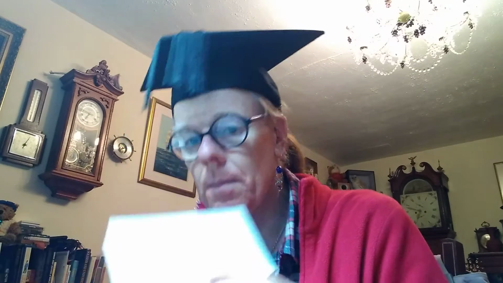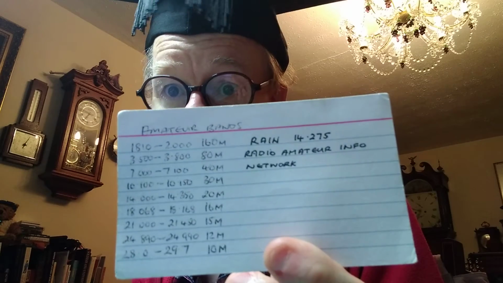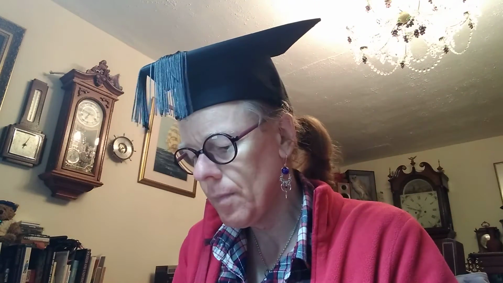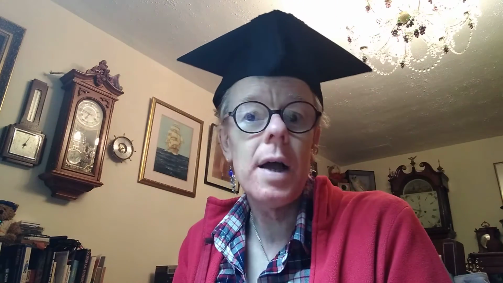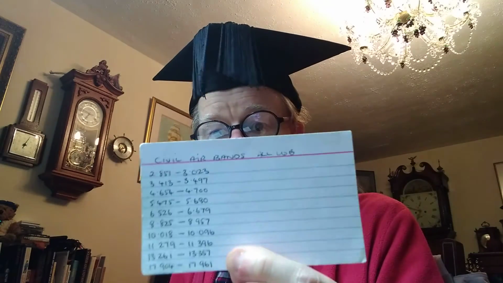And on this one, see, I've listed all the amateur bands, broadcast bands. Broadcast bands I do pretty much know off the top of my head now. Civil air bands.